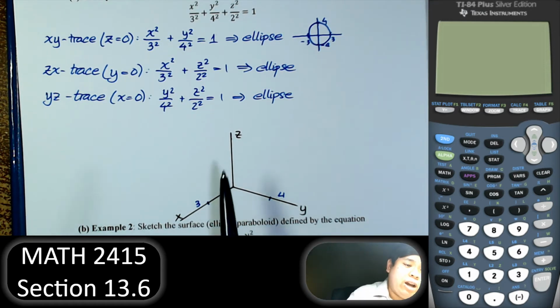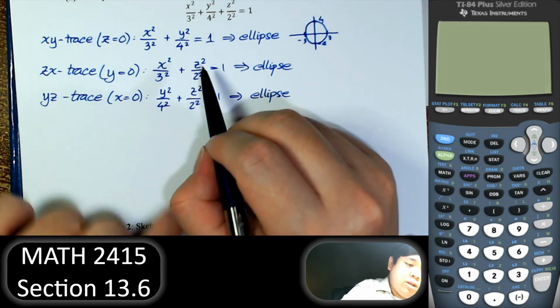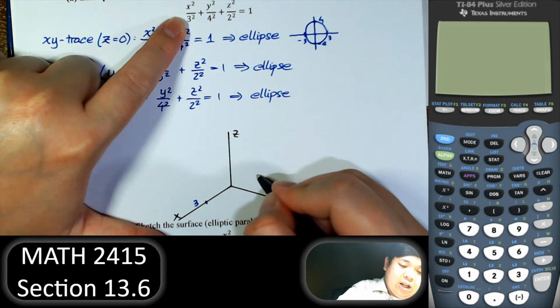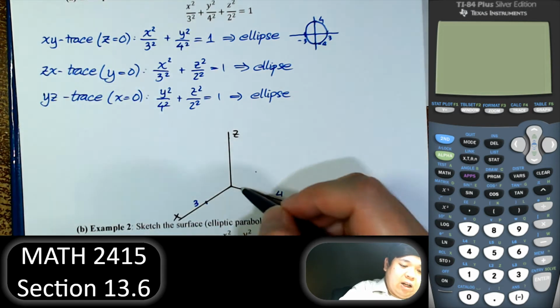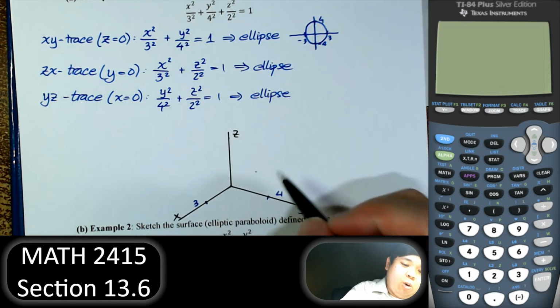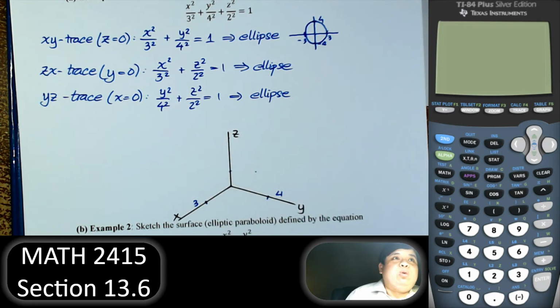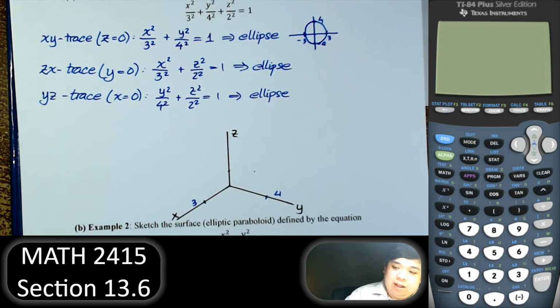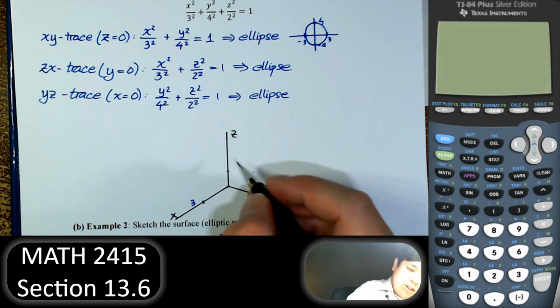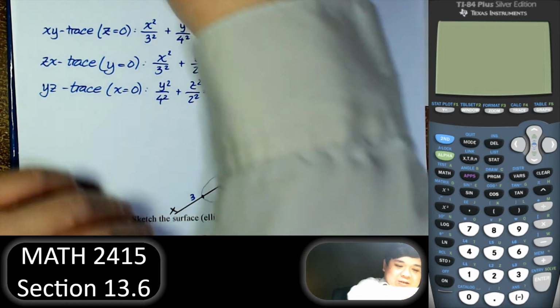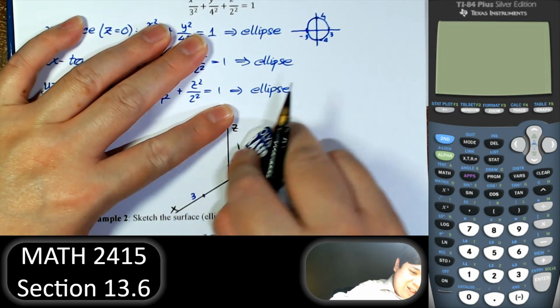So notice that this is also an ellipse, but we have 3 on the x-axis, 4 on the y-axis, and 2 on the z-axis. Kind of difficult to draw this. Yeah, really difficult to draw this.